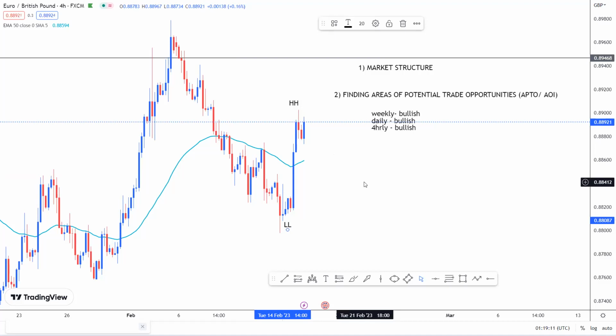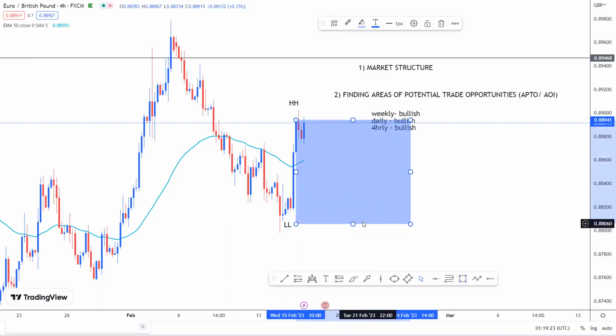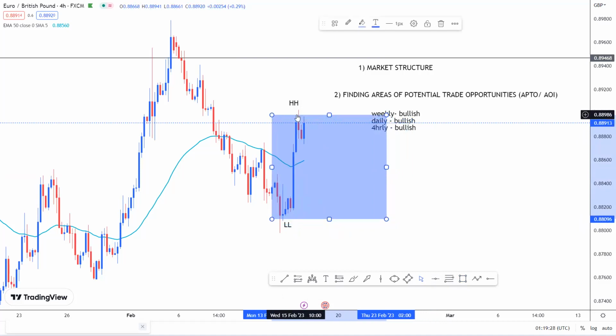Guys, you really need to understand, we're only looking for areas of interest to buy within this box. So this is something I do, a little arc I do.